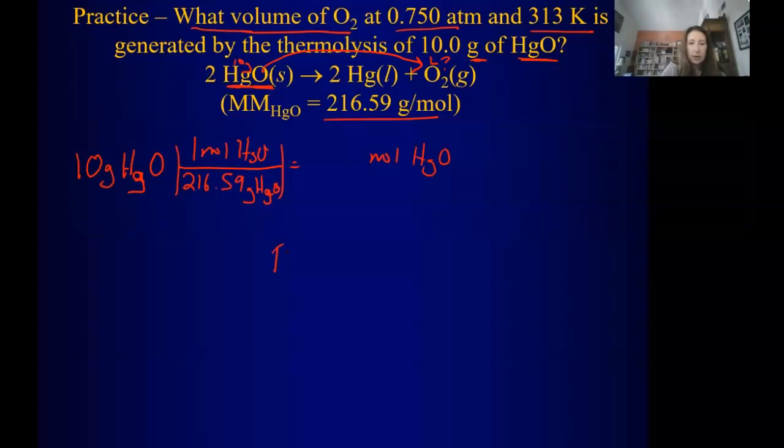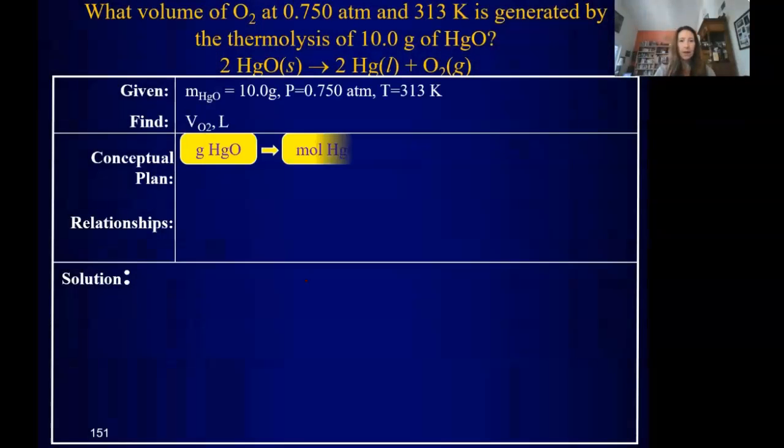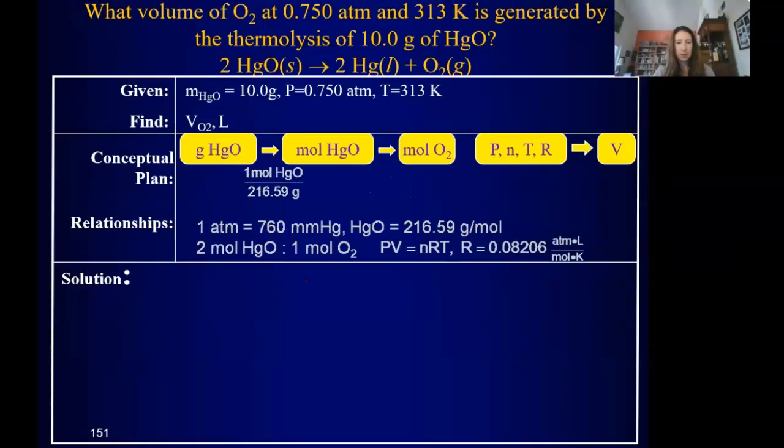Okay, so now we can convert that to moles of oxygen, right, using our stoichiometry. Then if we have moles of oxygen, we have a pressure, we have a temperature, we always have R, we can get to volume of oxygen. So this one, again, they're never the same. We get to our moles, do our mole-mole ratio, and then use our volume.